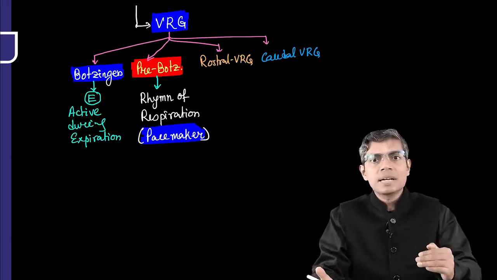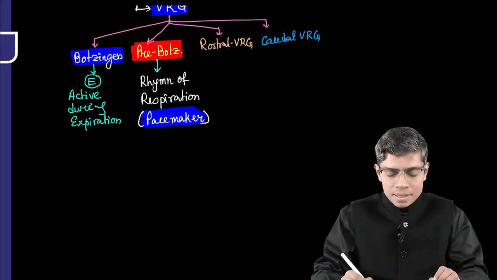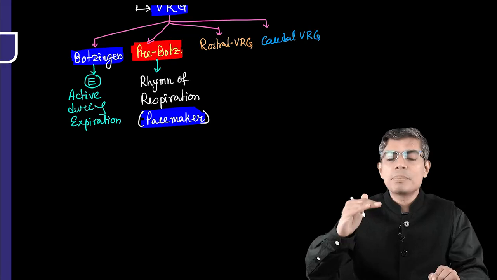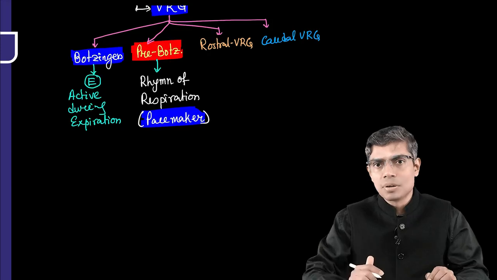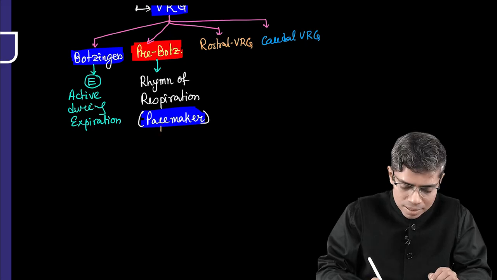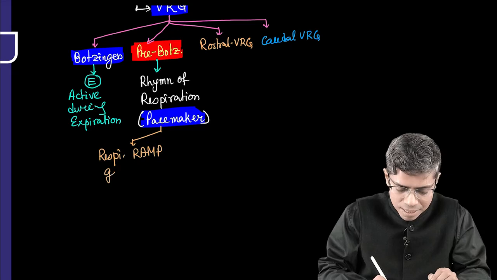Now if you look at the discharge pattern of this pacemaker neuron, you will find that the discharge occurs in a step-by-step fashion, a gradual increase in discharge in a ramp fashion. That's why this is also known as respiratory ramp signal generation.